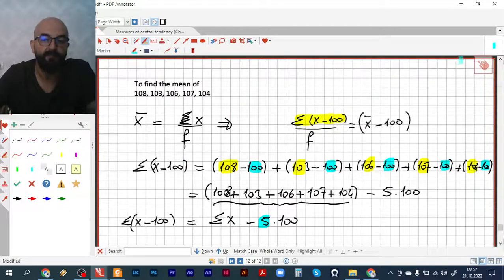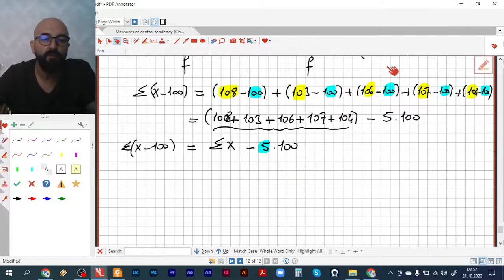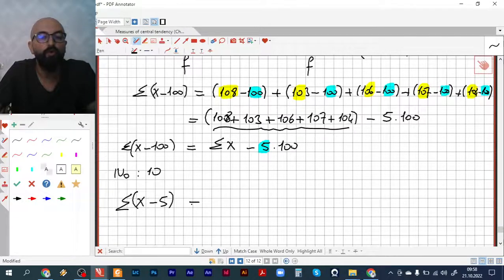So imagine that if we have the sum of x minus 5 and the number of data is, for example, 10, you can use the sum of x minus 5 times 10.